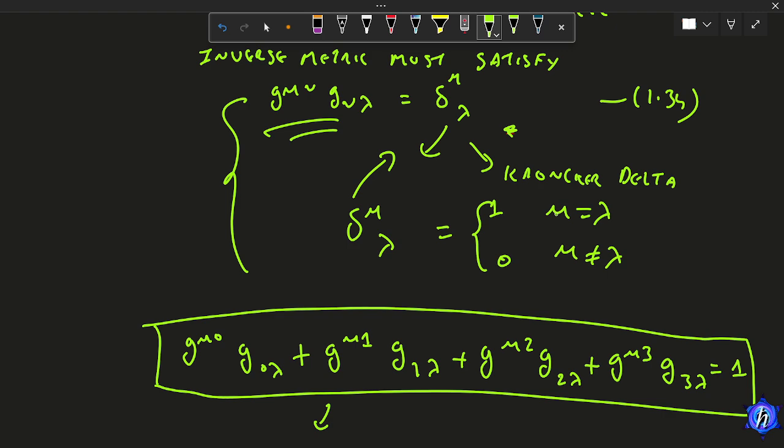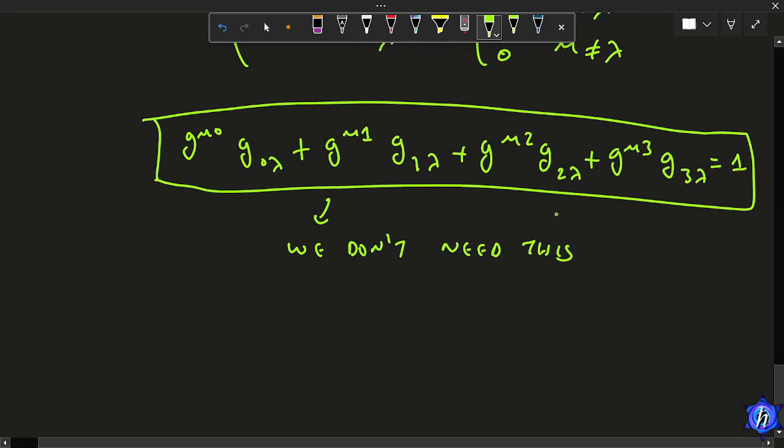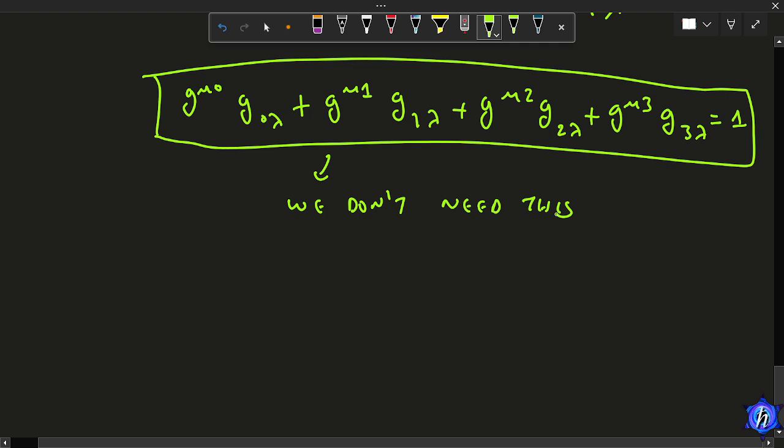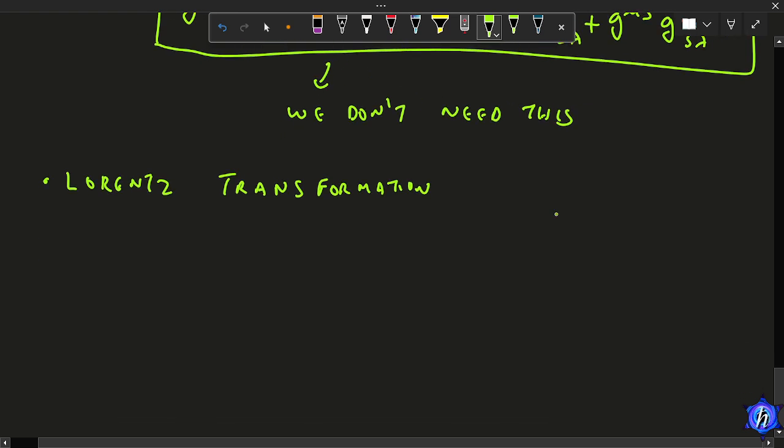Now another concept which is very much used in special theory of relativity is the Lorentz transformation. Any discussion of STR is incomplete without the Lorentz transformation. Under the Lorentz transformation, the coordinates transform in the following way.